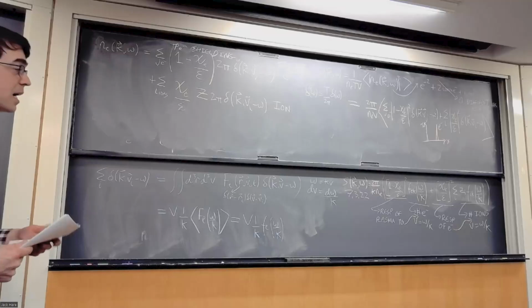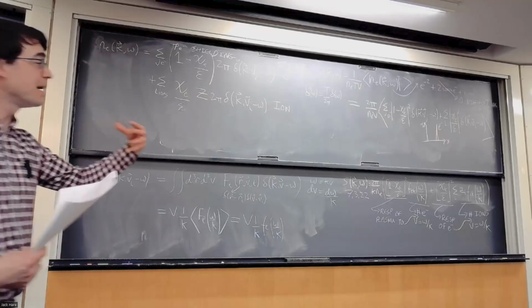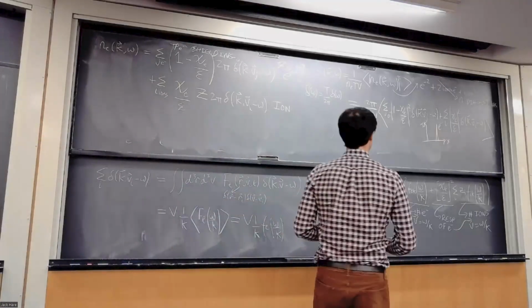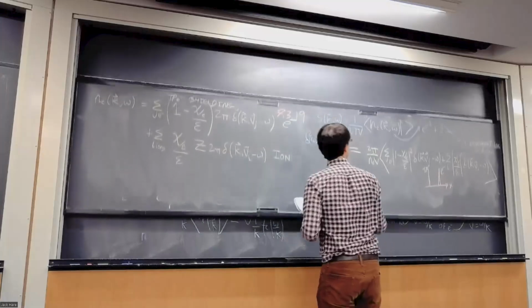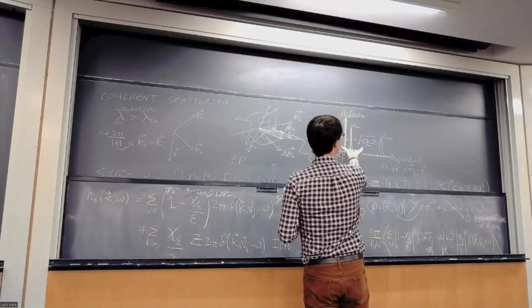Where does this function have peaks? Where am I looking in this for that spectrum, what I drew here?